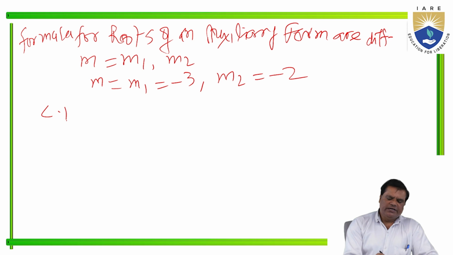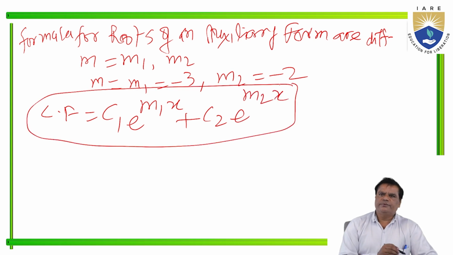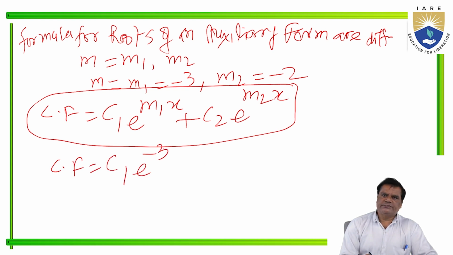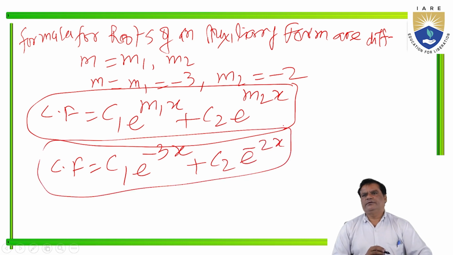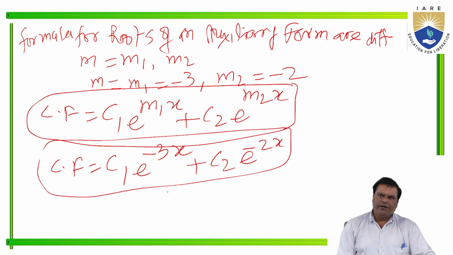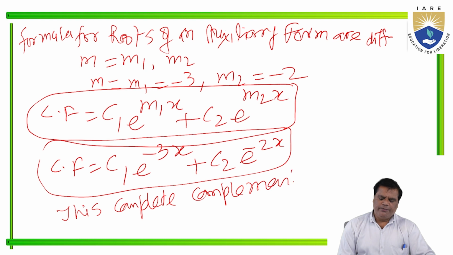The formula is CF equal to C1 e to the power m1x plus C2 e to the power m2x. So CF is equal to C1 e to the power minus 3x plus C2 e to the power minus 2x. This is the complete complementary function.